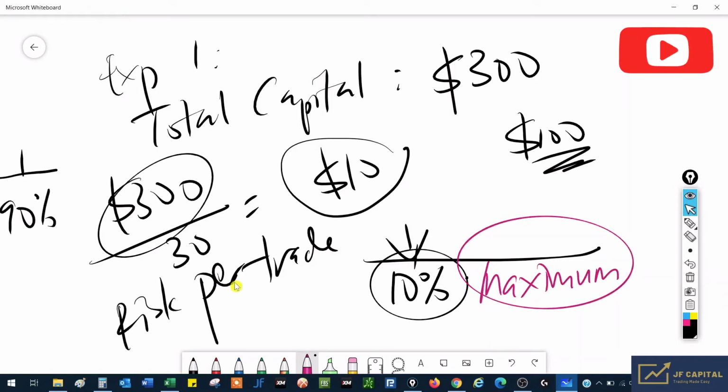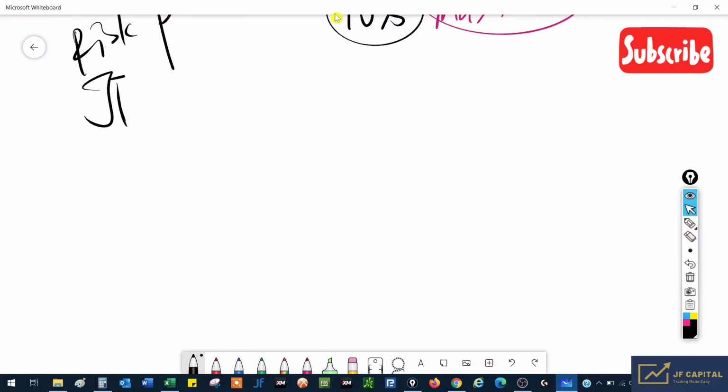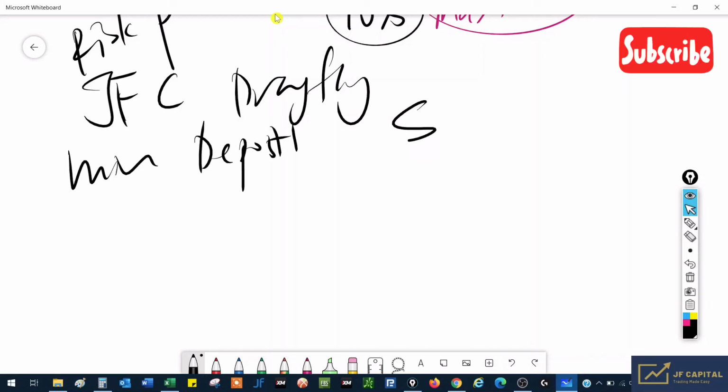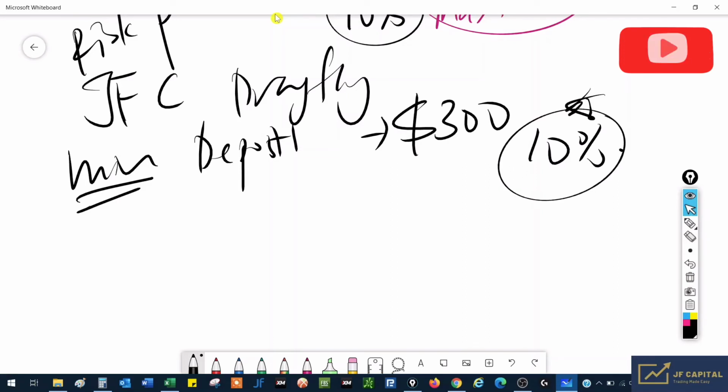Let me do another example. For JFC Dragonfly, the minimum deposit is 300 minimum. You cannot be less than this amount, because the minimum is 10% only.